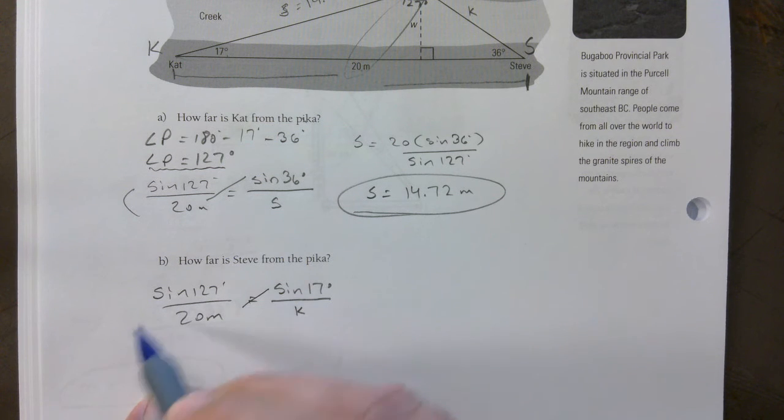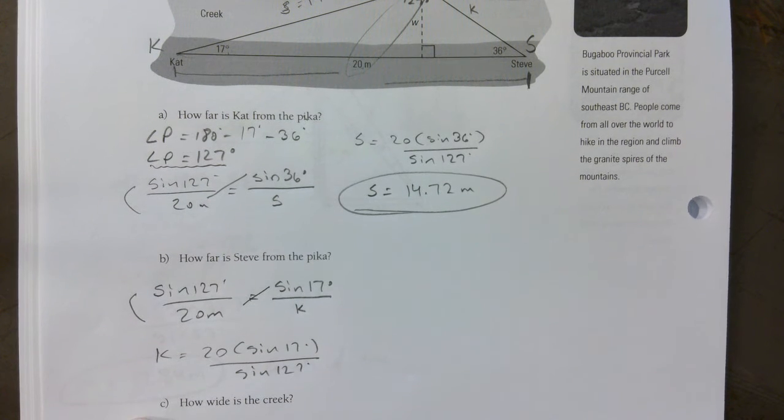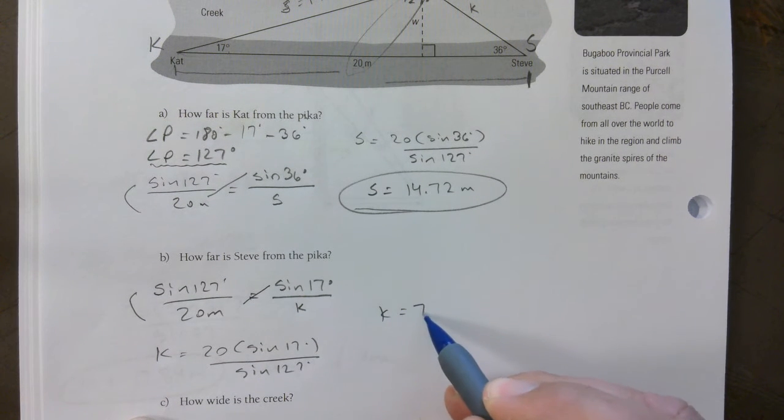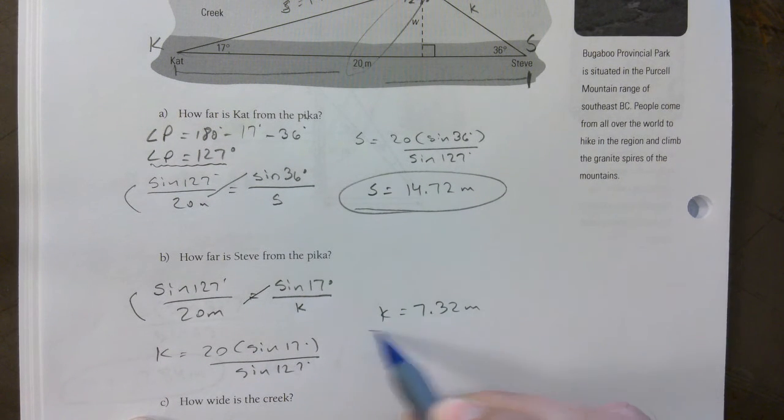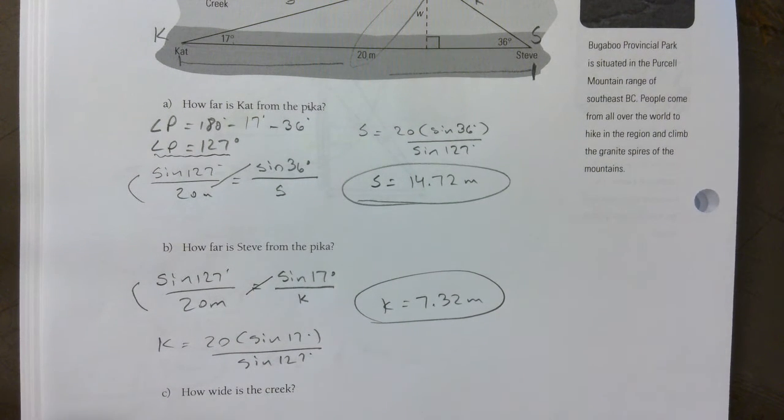And cross multiply and divide like that. And so K is 7.32 meters. Okay, that's the answer. That's answering the question. So at the very least, write down the answers, right, if you haven't done it.